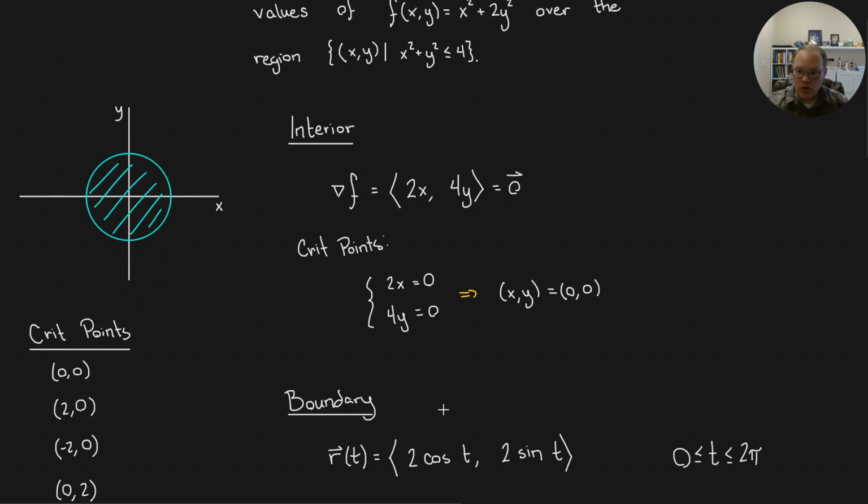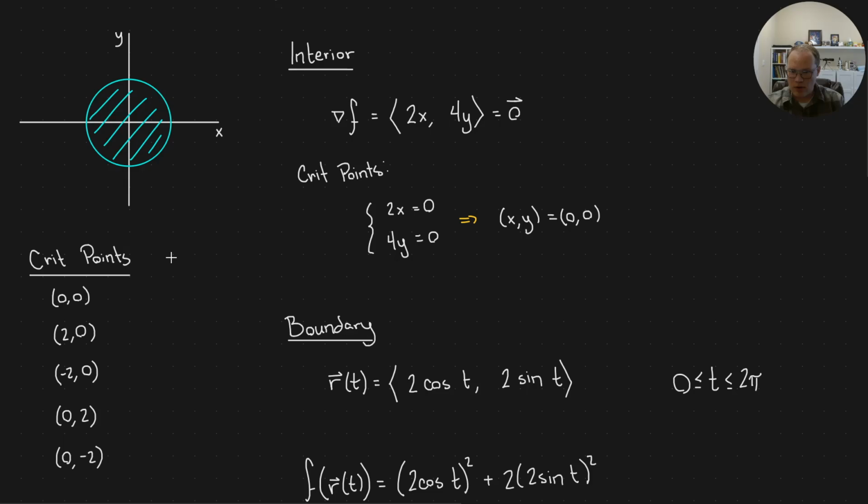Okay, so now let's just plug in. I've got my critical points. Let's plug them into f of x, y equals x squared plus 2y squared. So if I plug 0, 0 in, I'm going to get 0. If I plug 2, 0 in, I get 4. If I plug negative 2, 0 in, I also get 4.